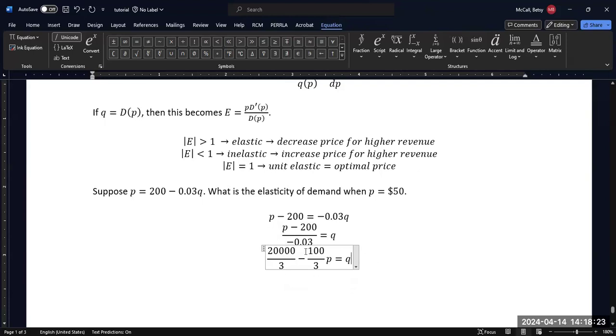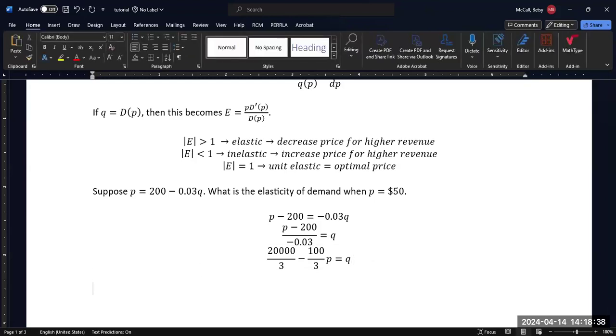Since 3 doesn't divide evenly into either 20,000 or 100, I'm just going to leave them like that until I have to evaluate them at the end. It's probably safe enough in this problem if you carry a couple of decimal places to convert them to decimals, but I'm going to leave them like this for the moment.